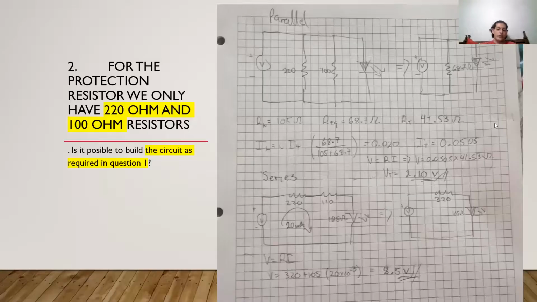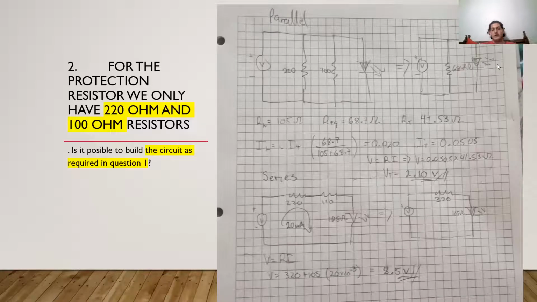In the LED there has to be a current of 0.02 amps, so 20 milliamps. We can use current dividers to calculate the total current. First, we need to simplify the two parallel resistors, which give a 68.7 ohm equivalent resistor. Then we can use the current divider to find the current in the total circuit.